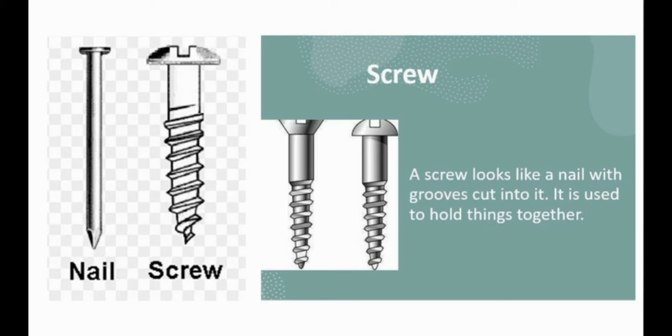Because when we join things together with a screw, they are held together through a longer distance and thus cannot be forced apart easily. On the other hand, when we join things with a nail, they are held together only for a short distance, that is, through the length of the nail. Bigger screws, called screw jacks, are used to lift cars or heavy objects.